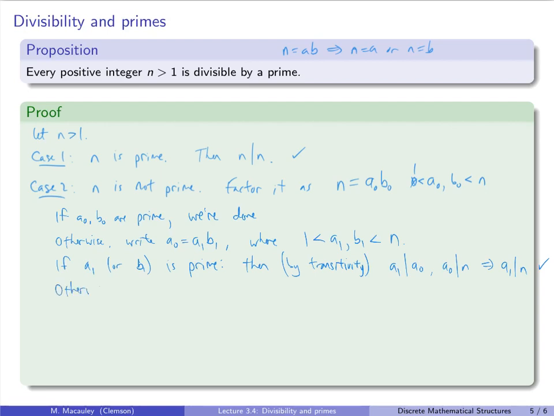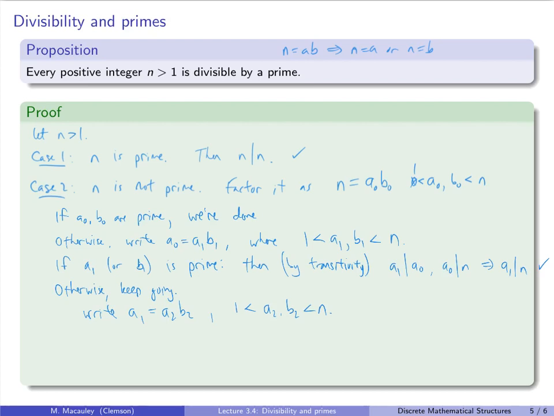Otherwise we can keep going. In other words, write a1 as a2 times b2, where a2 and b2 are between 1 and n.